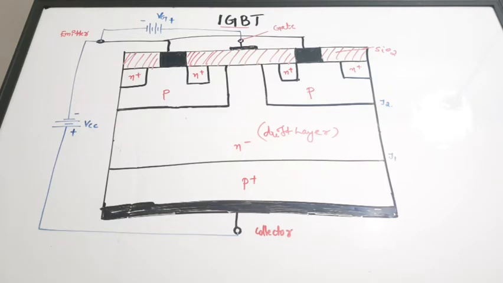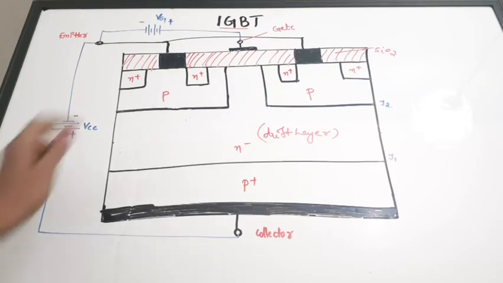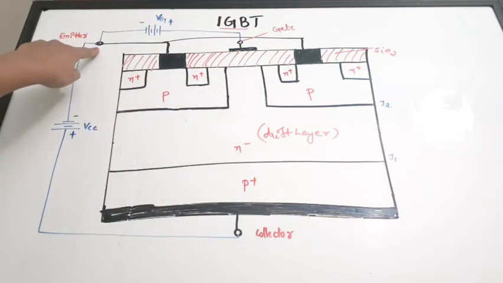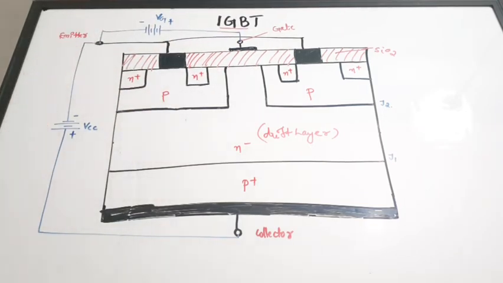This gate is clearly insulated, and that's why the name insulated gate bipolar junction transistor. Also there are two metal contacts taken from these two ends, and it is taken out as the emitter. So these are the three terminals, and these are the positions from where they are taken out.